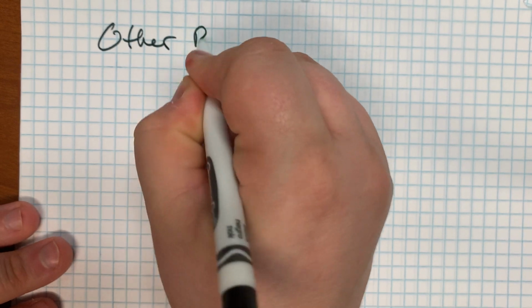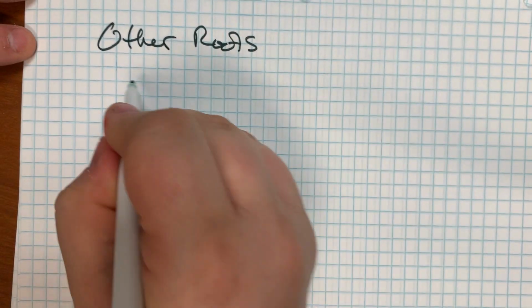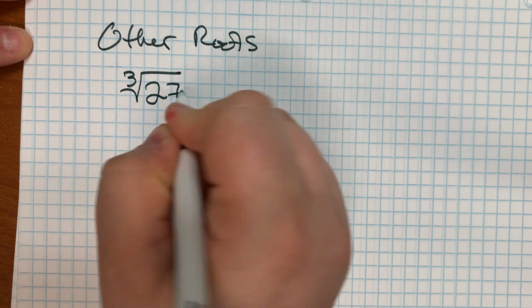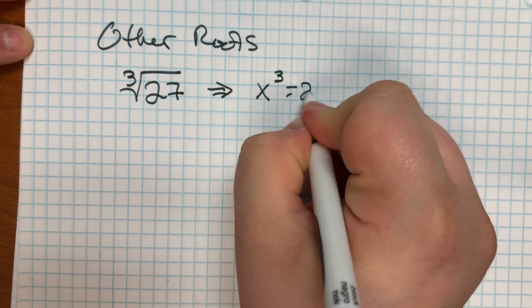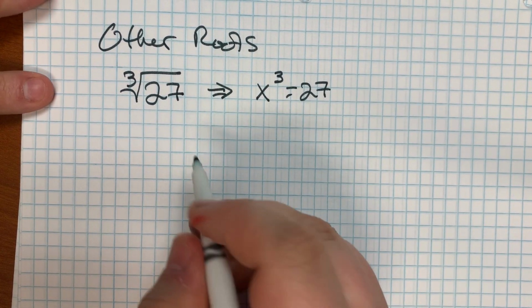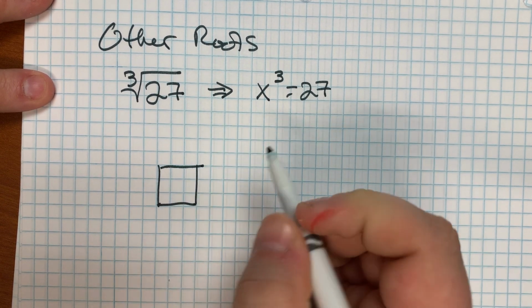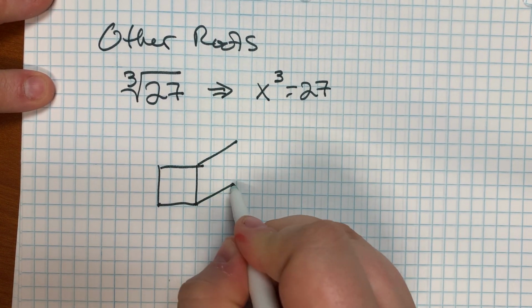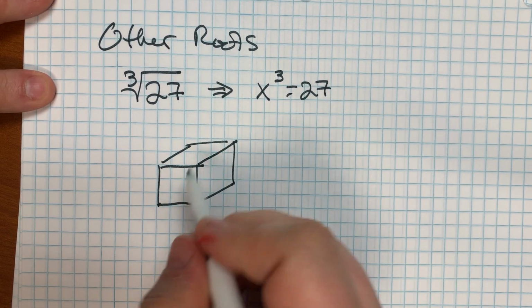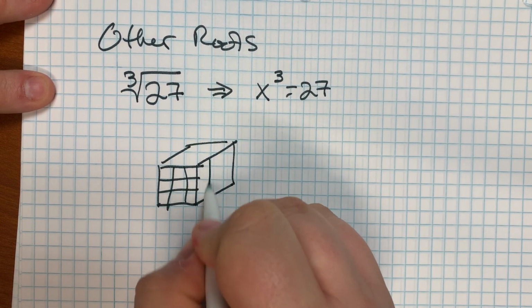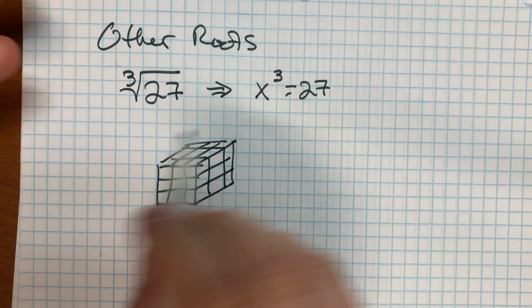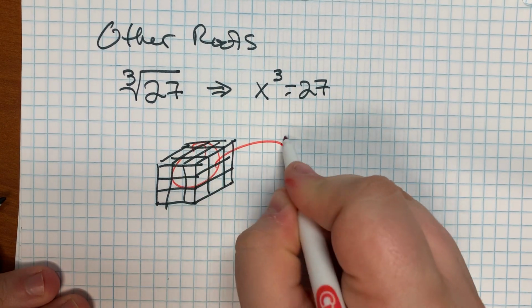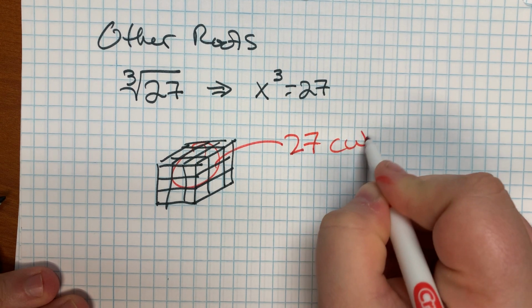So let me define cube root. Other roots. The cube root of, say, 27 is x, such that x cubed is 27. Well, we can draw a picture. Right, so we have 3 here, and we can picture 3 such slices, so that this gives us 27 cubes.